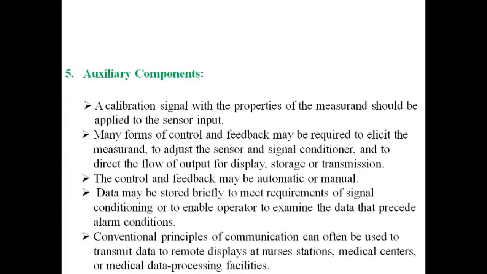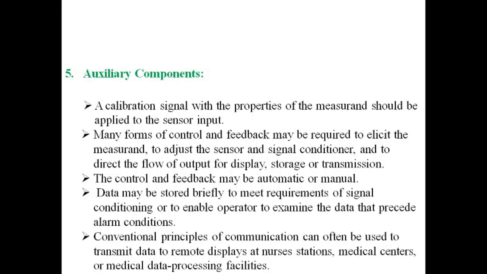And the last block is the auxiliary component. A calibration signal with the properties of the measurand should be applied to the sensor input. Many forms of control and feedback may be required to elicit the measurand, to adjust the sensor and signal conditioner, and to direct the flow of output for display, storage or transmission purposes.